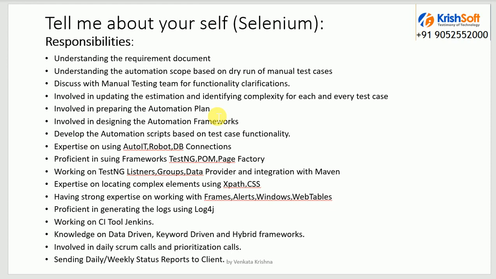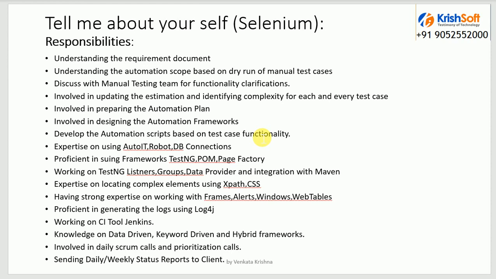Similarly, once the framework is developed, reusable functionalities related to the application side need to be developed. You need to tell them that you developed reusable functionalities for the common functionalities. This is about the beginning part of any application; it is the same.